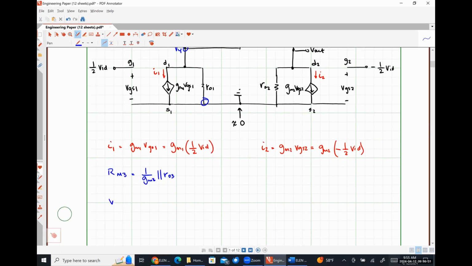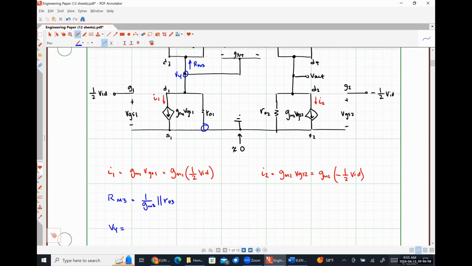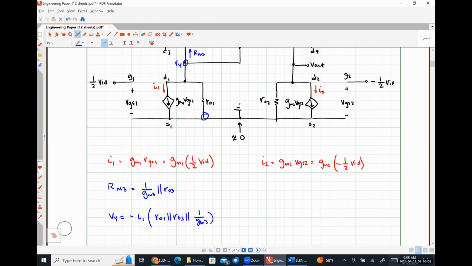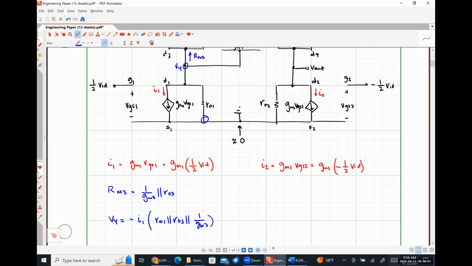So I could say that Vy is going to be negative I1 times R01 in parallel with R03 in parallel with 1/GM3. Are we okay with that?